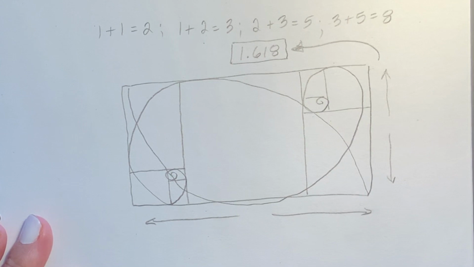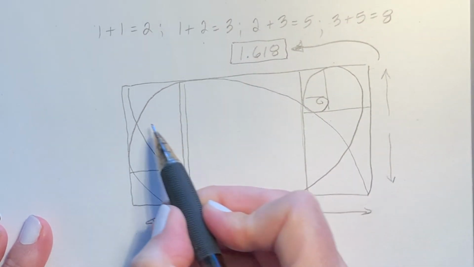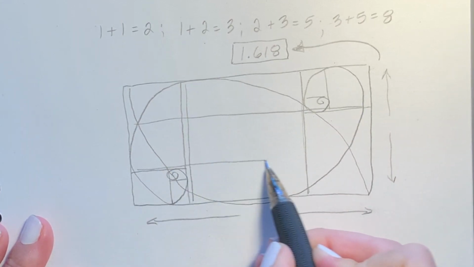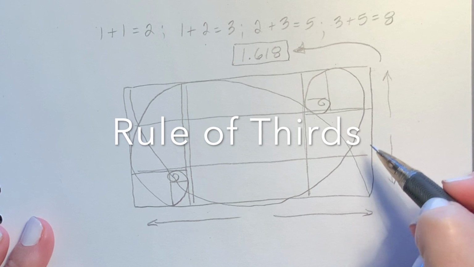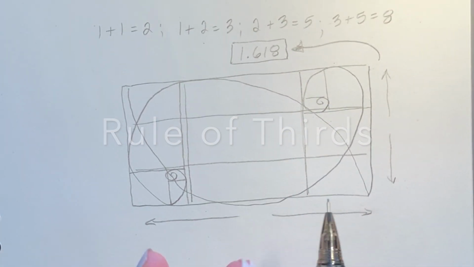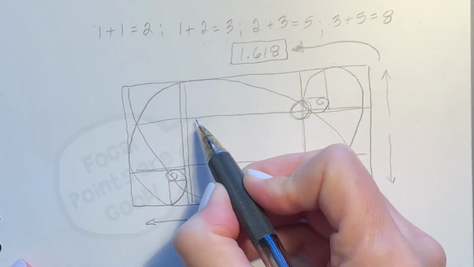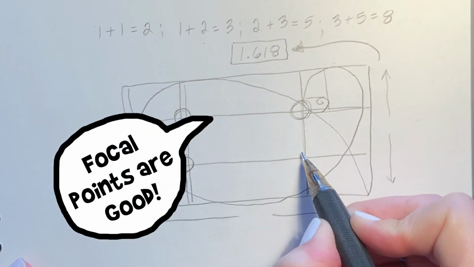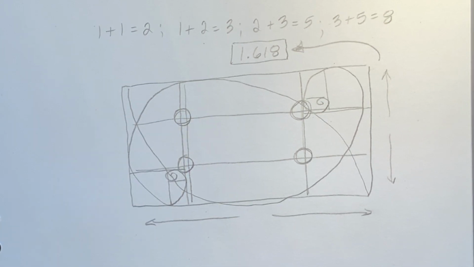We start getting a pattern here. We get an intersection here, an intersection here, an intersection here, intersection here. Well, now this is called the rule of thirds. So in design, it's the brochure, of course, but oftentimes you'll want to have your focal point either here, or here, or here, or here. It creates a pleasing composition for the eye.